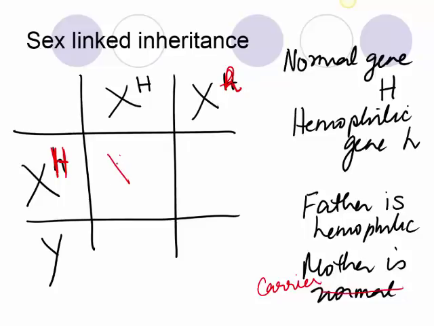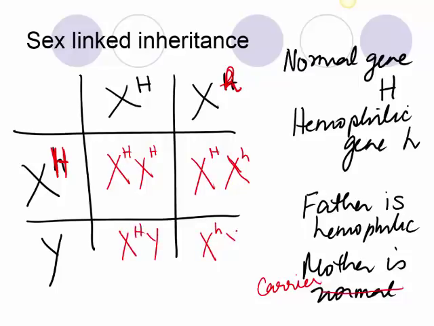So here you can see a normal girl, a carrier girl, a normal boy, and a hemophilic boy.